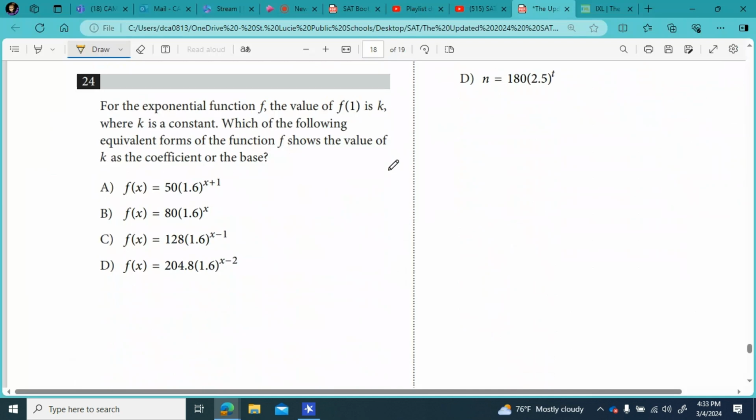And moving forward to question number 24, it says, for the exponential function f, the value of f of 1 is k, where k is a constant.